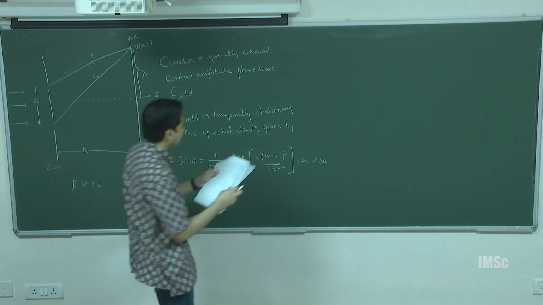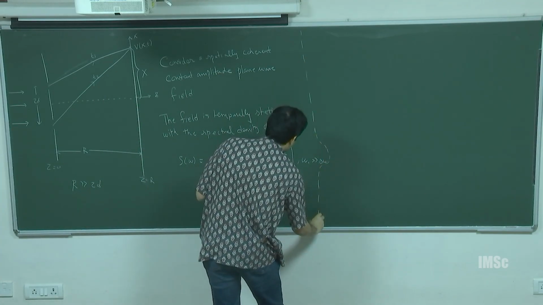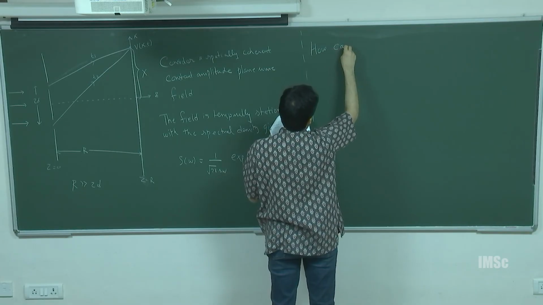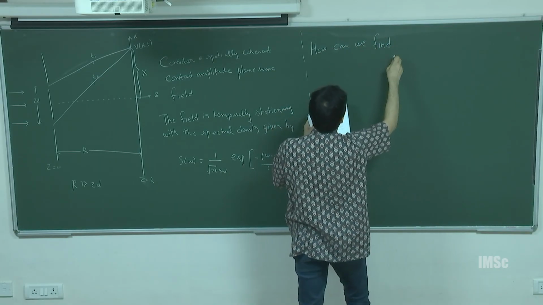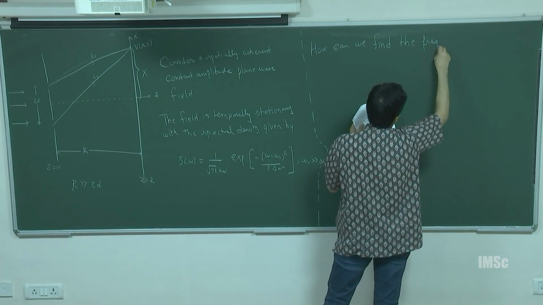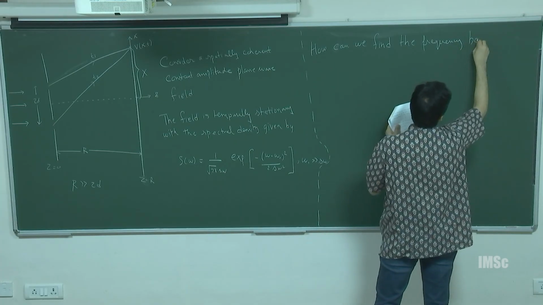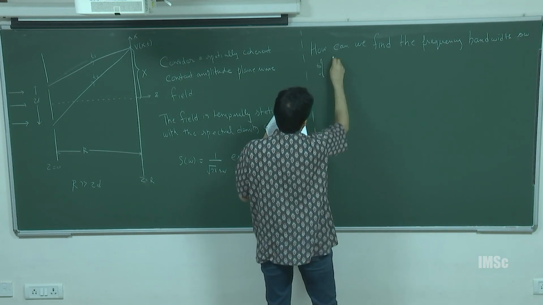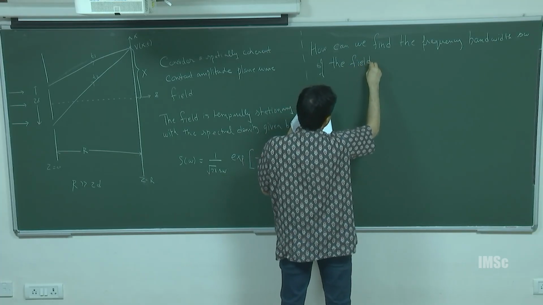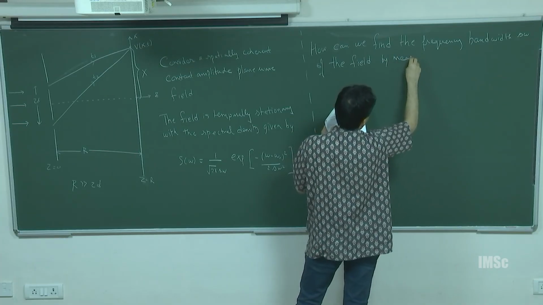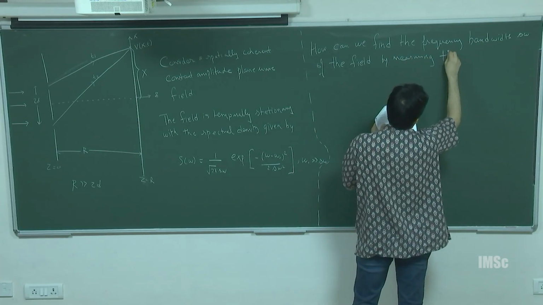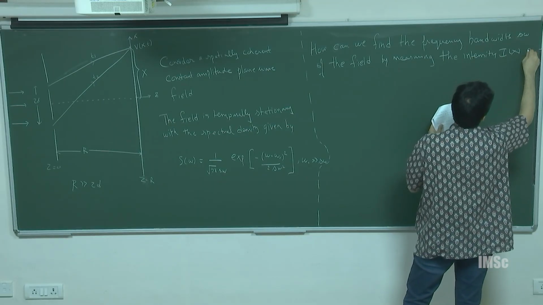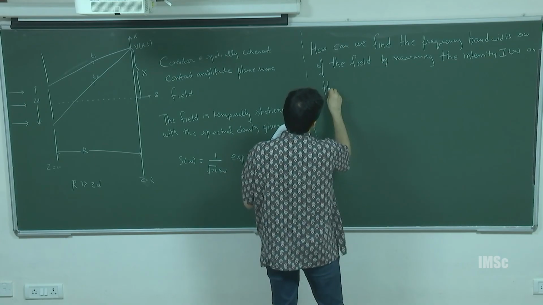So the question that we wish to address is, how can we find the frequency bandwidth by measuring the intensity on the screen?